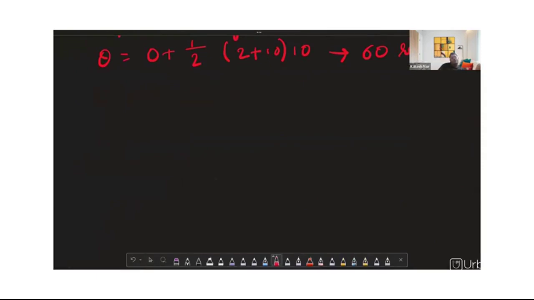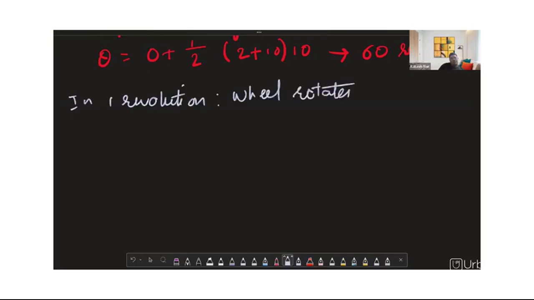Now, in one revolution, we are using the unitary method of grade 10 mathematics. The wheel rotates through 2 pi radians.